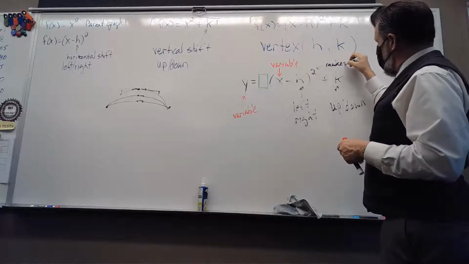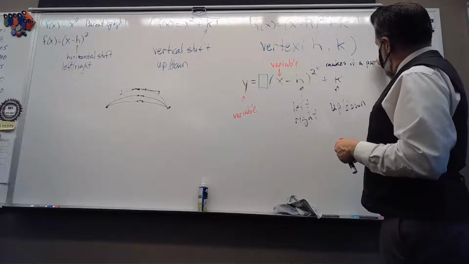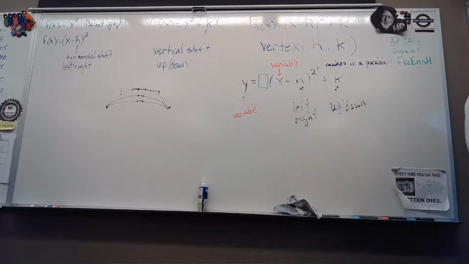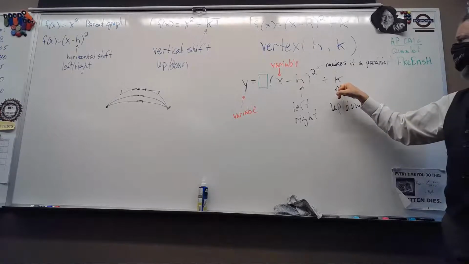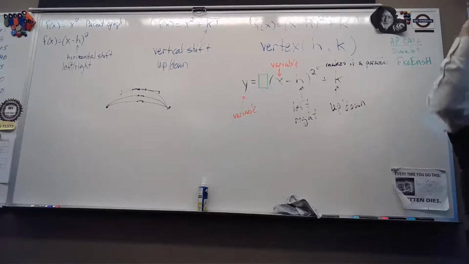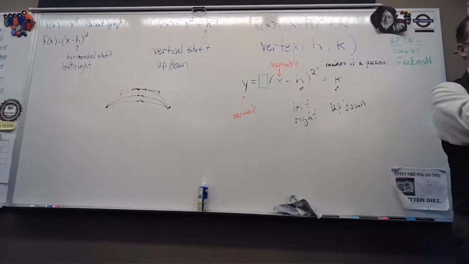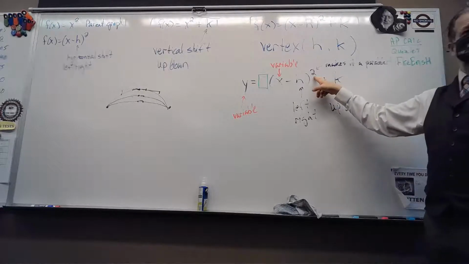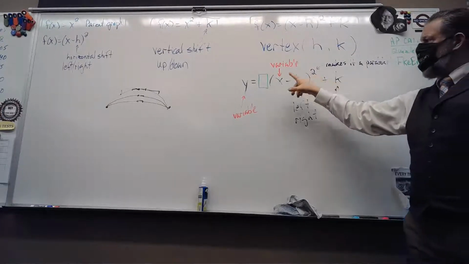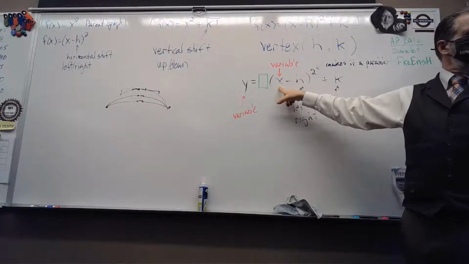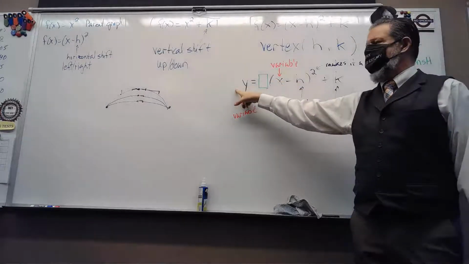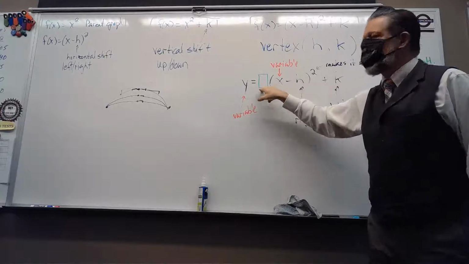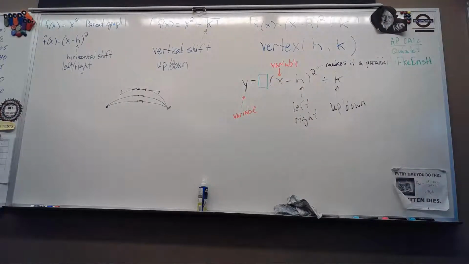The 2 makes it a parabola. So Jared is absolutely correct. If we change this number, all it does is move it up and down. It doesn't change the shape. If we change that number, all it does is move it left and right. It doesn't change the shape. If we change this, it's not a parabola anymore. If we change that, well, then we're just putting in one of our input variables. And if we change that, well, then we're just putting in an output variable. There's nowhere else left to put something except right out in front.